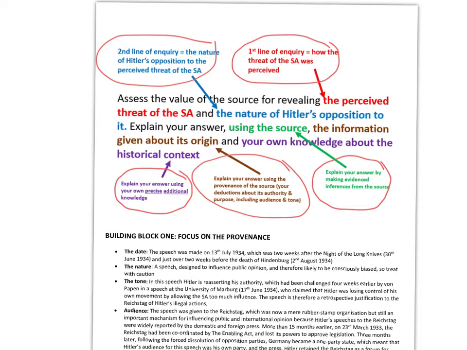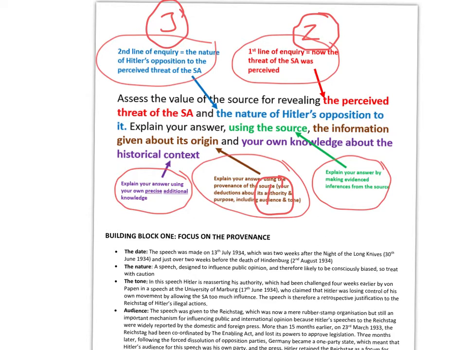The first building block, I'll just write 1, is where you focus in on the provenance of the source. The second building block is you make inferences about the first line of inquiry, and the third building block you make inferences about the second line of inquiry.